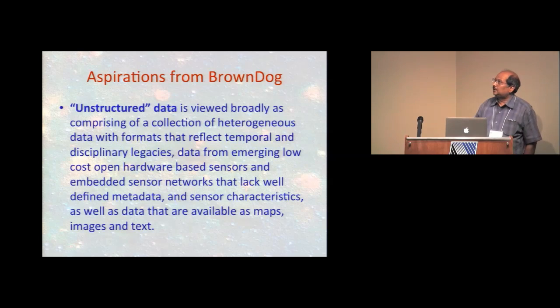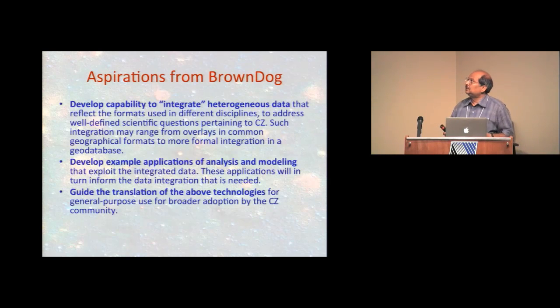So in my world, unstructured data is viewed broadly as comprising a collection of heterogeneous data with formats that reflect temporal and disciplinary legacies, data from emerging low-cost open hardware-based sensors and embedded sensor networks that lack well-defined metadata and sensor characteristics, as well as data that are available as maps, images, and text.